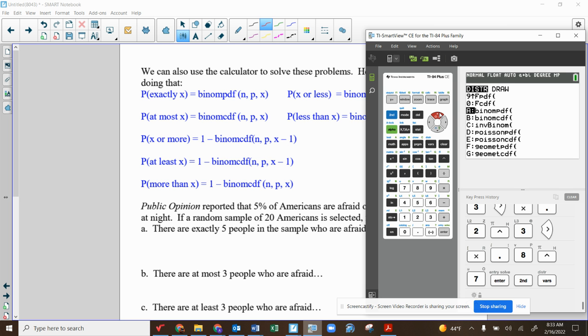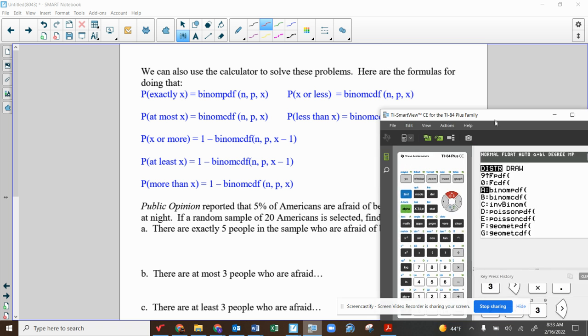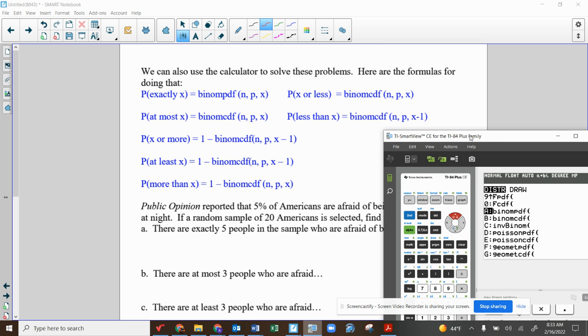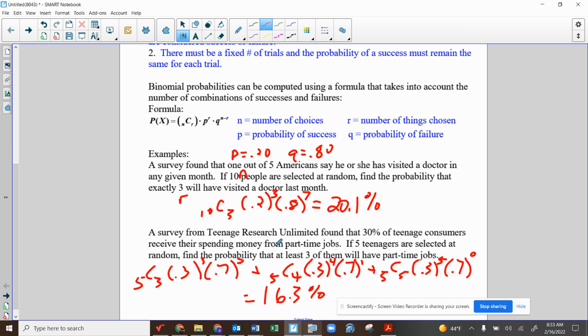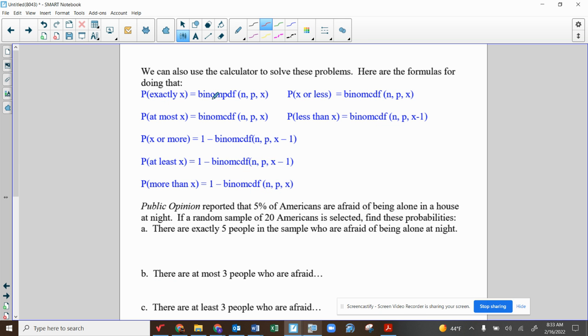You have these binomial PDF and CDF. Notice how almost all the functions are CDF, except for the one, which is exactly. For the first example, I'm doing exactly 3, so I would have used this one. Whereas when I'm going more than, less than, at least, that type of stuff, you're going to be using one of these, all of them ending in CDF.